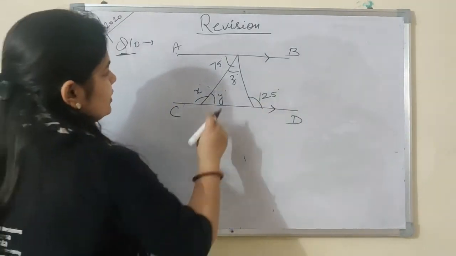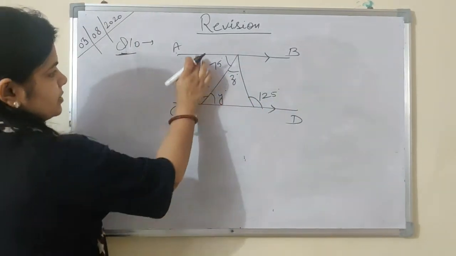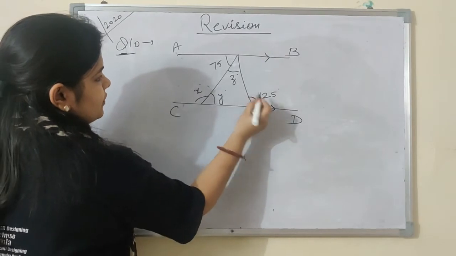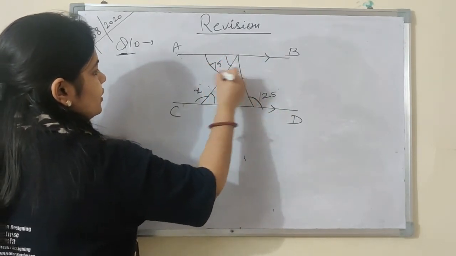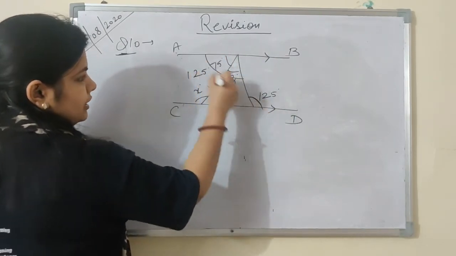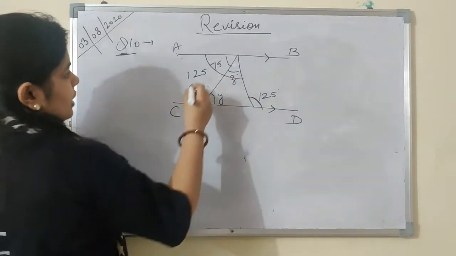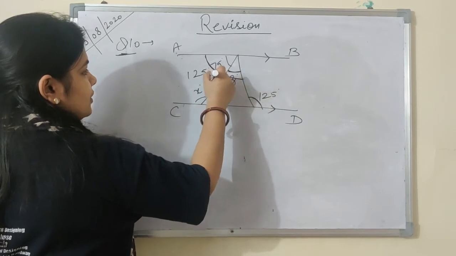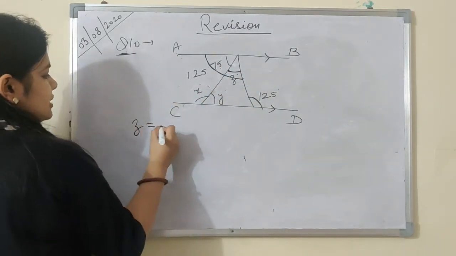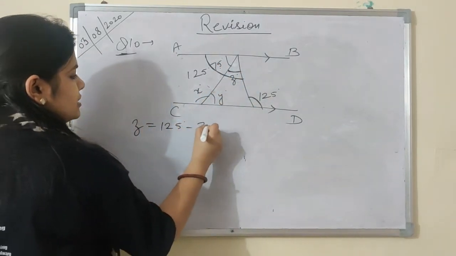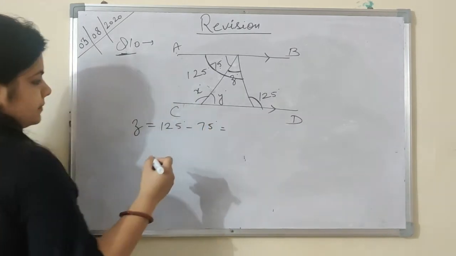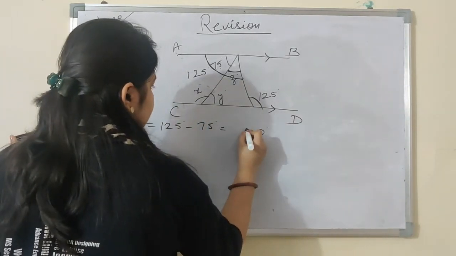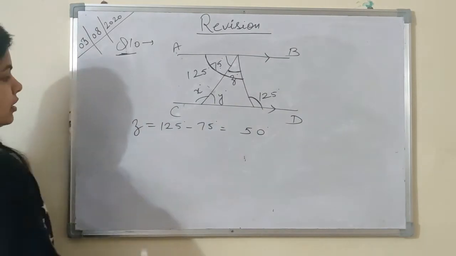Here again you will see that as AB is parallel to CD, that means if this is 125, then this whole will also be 125 because of alternate interior angles. After finding this angle, we can find Z by subtracting 75 from 125. That means Z will be 125 minus 75, that is 50 degrees.